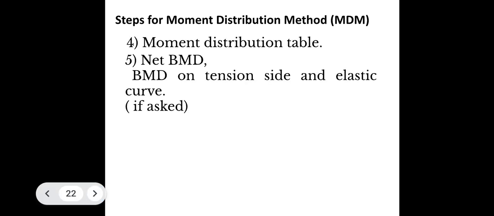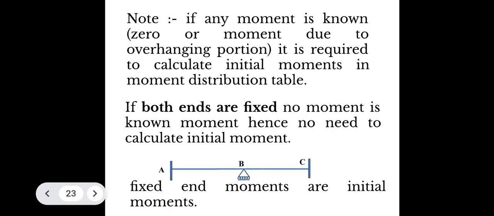Then we have to prepare the moment distribution table. Then we are supposed to draw the bending moment diagram and shear force diagram. So in the next video we will see how to prepare the moment distribution table.